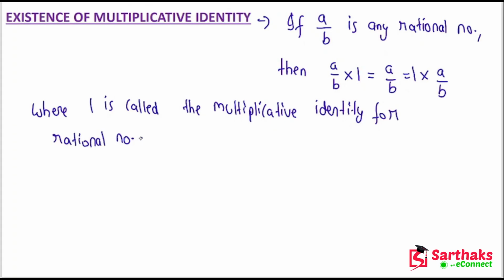Now, why is 1 called the multiplicative identity for rational numbers? Because if you multiply 1 with any rational number, it gives you the same rational number. So this is the multiplicative identity of rational numbers. Okay, so this was the existence of multiplicative identity.